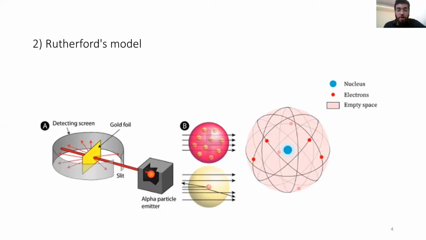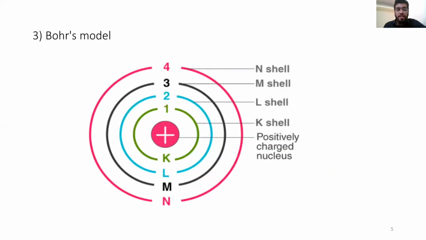And then comes Bohr with his model of atom. According to Bohr, electrons occupy special or discrete orbits called energy levels, as depicted.